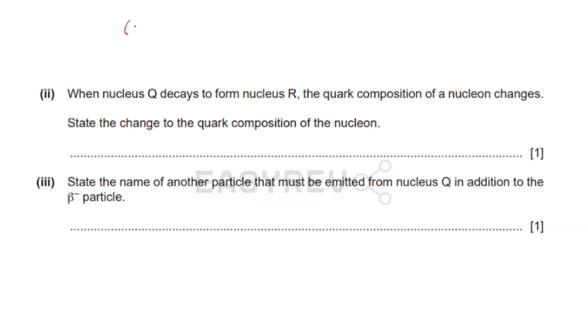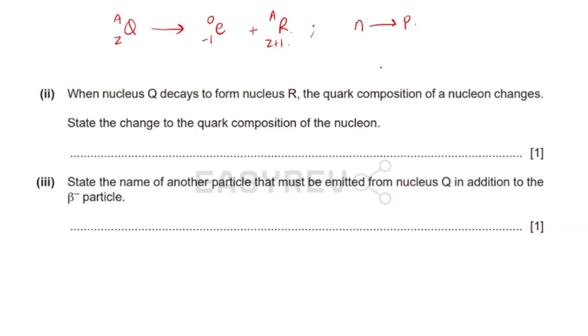So let's say our nucleus Q has a proton number Z and a mass number A. When emitting an electron, that high-speed electron which is our beta minus particle, it has a negative charge and no contribution to the mass number, right? So for this new nucleus R, the proton number increases by 1, while the mass number stays the same.